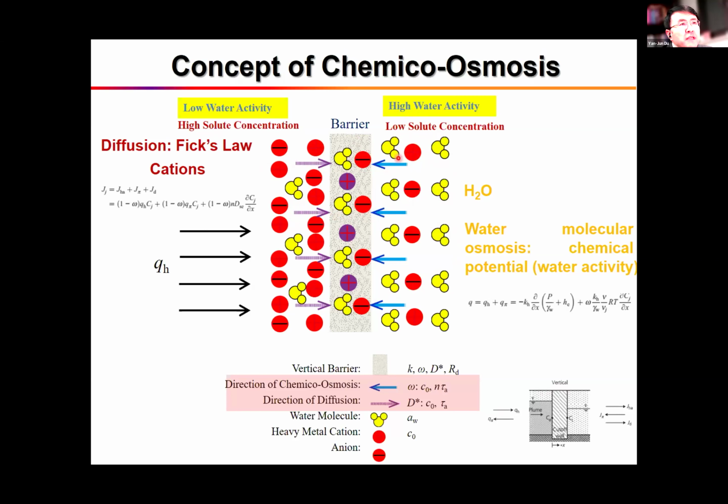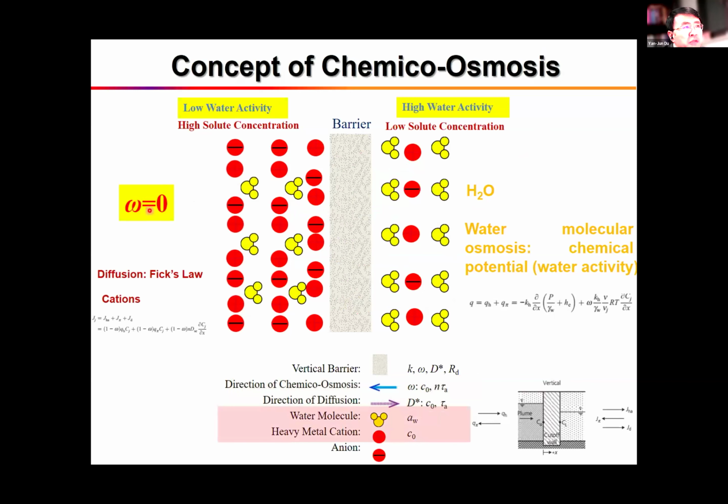The movement of the water molecules is called chemical osmosis. For chemical osmosis, one indicative parameter is called the chemical osmosis membrane coefficient, omega. For the diffusion process, the indicative parameter is the D dash effective coefficient.